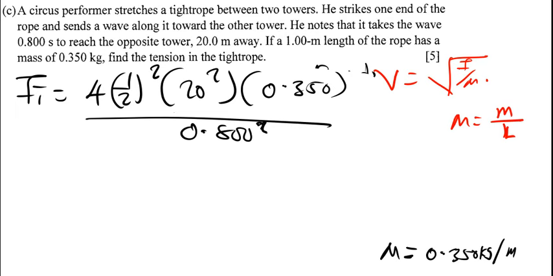So our F_T will be equal to, now if I say 1 over 2 and I square it, it's 1 over 4. 1 over 4 times 4 is 1.